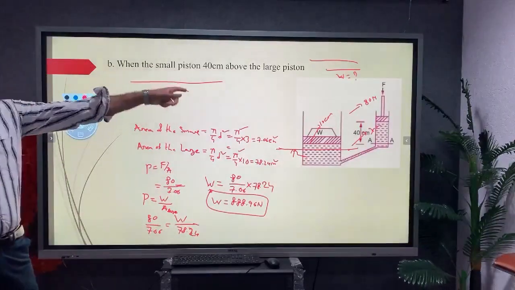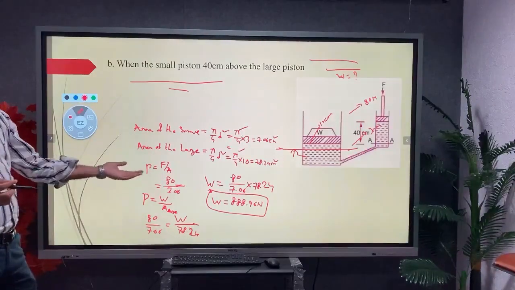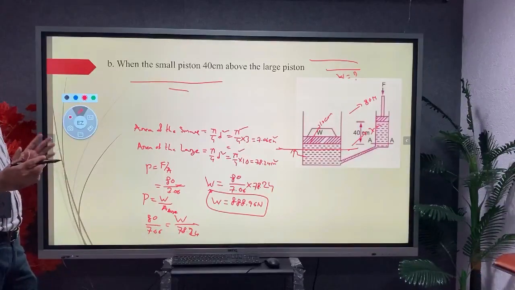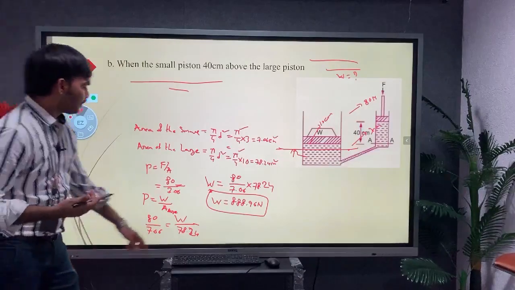So if you apply 80 newtons on the small piston, it can lift approximately 880 newtons, when the diameter varies, right? Almost 3 times, more than 3 times.